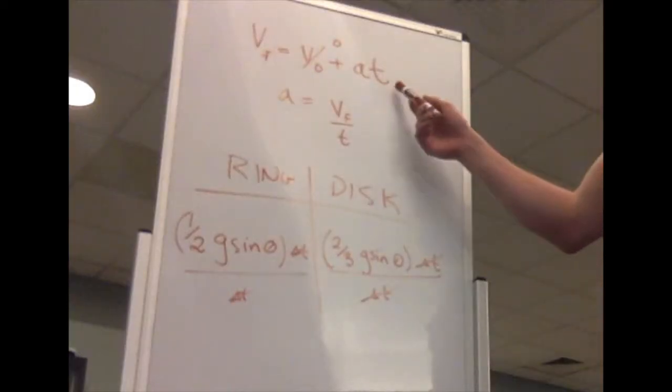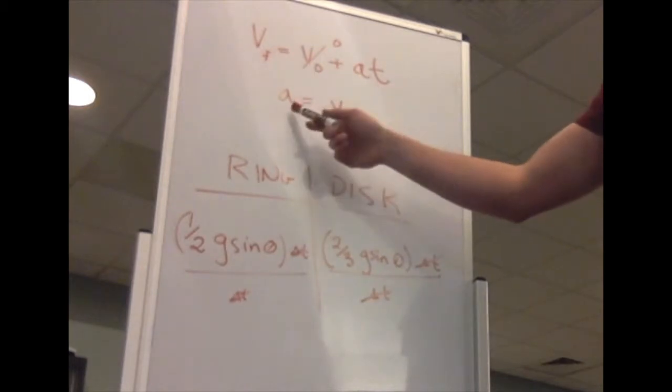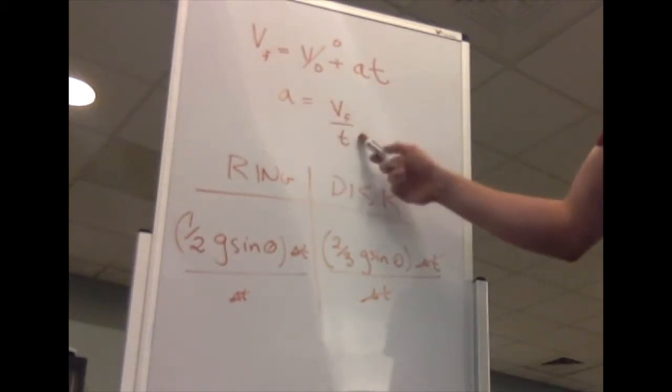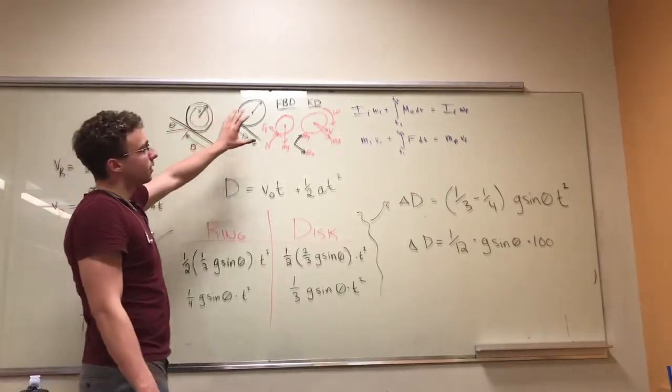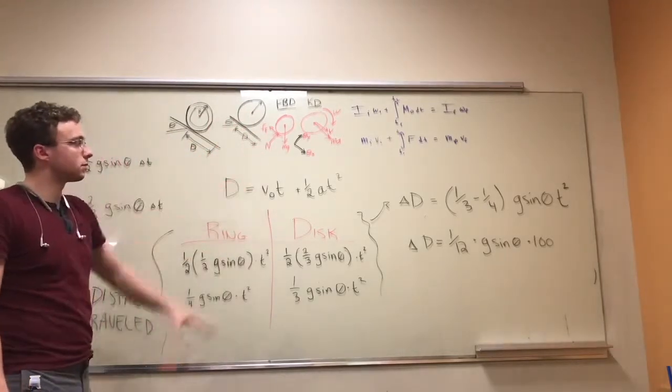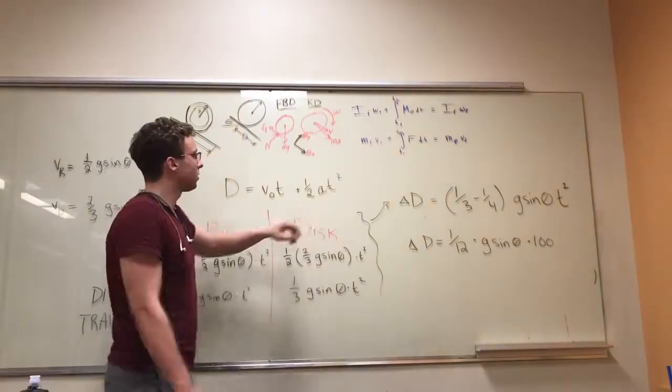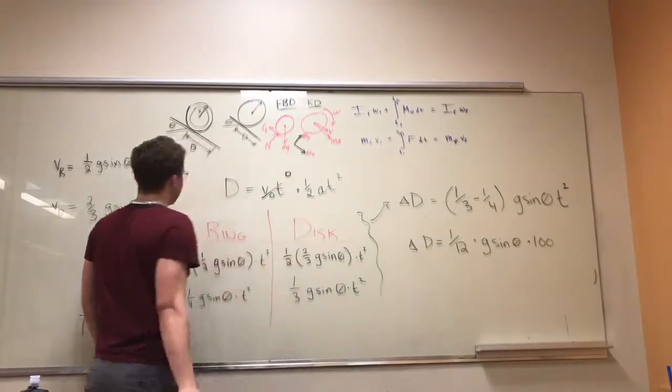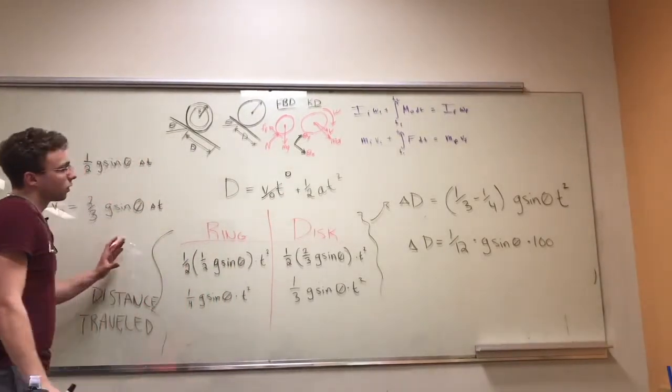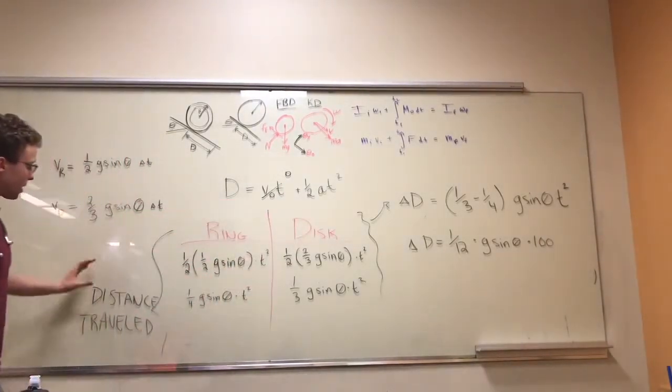We can observe that this kinematic equation gives us that acceleration is equal to velocity final divided by time. Both the disk and the ring go down for 10 seconds, so we use the simple kinematic equation. The initial velocity is 0, since it was at rest. We use d equals 1/2 a t squared to find the distance traveled.